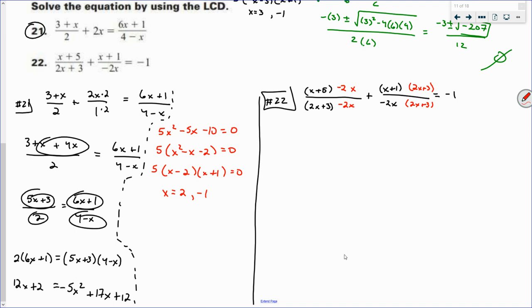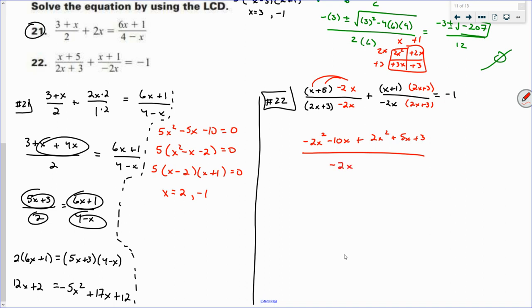So I can go negative 2x squared minus 10x plus 2x squared plus 5x plus 3 over negative 2x plus 3. Hey, look at those cancel.